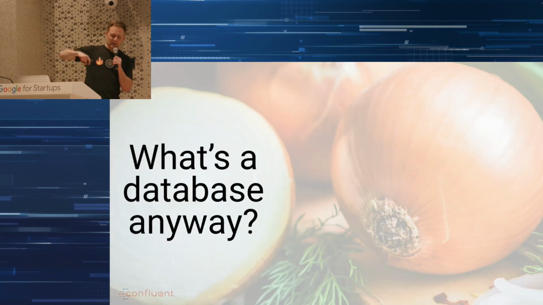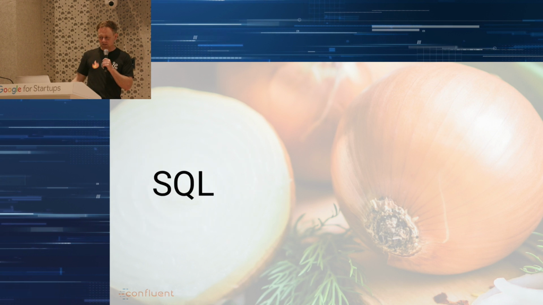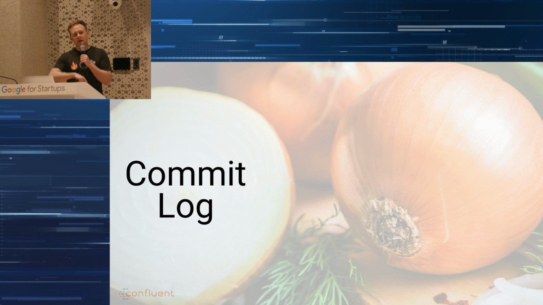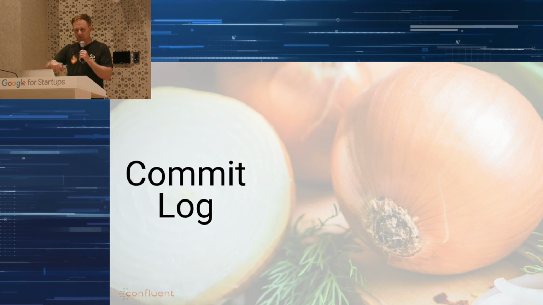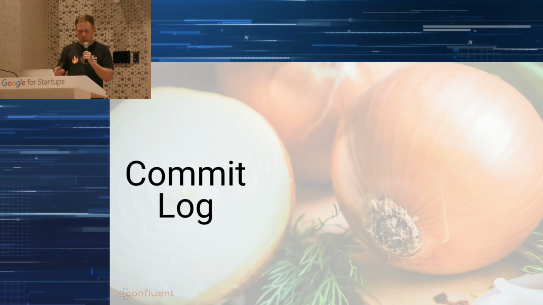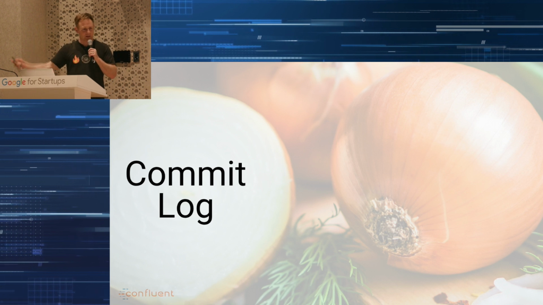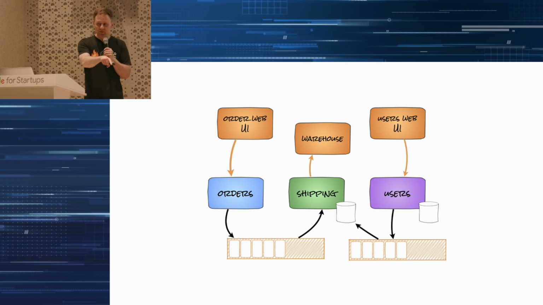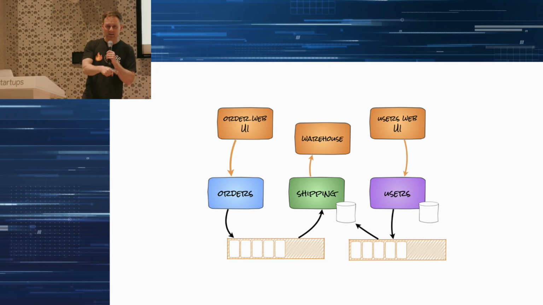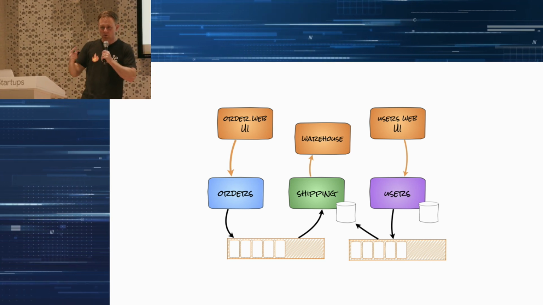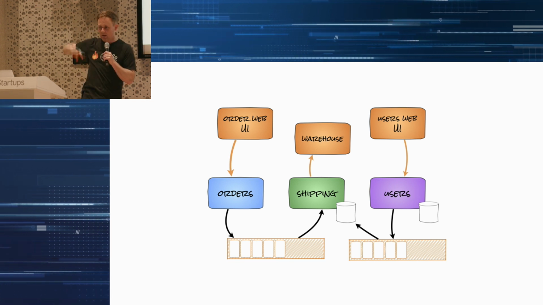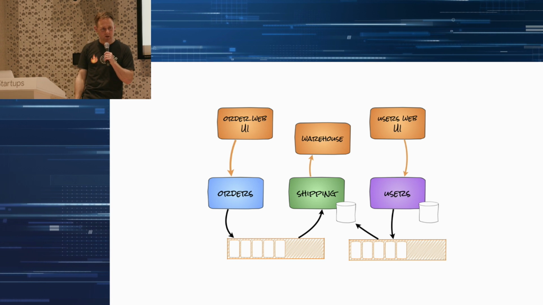So, we've got databases. They've got SQL, they've got tables, they've got storage engines, they've got a commit log. And the table is kind of like a materialized view of what's in the log that you build to satisfy the constraints of your data model and performance guarantees and all that kind of stuff. These services are kind of that same thing. They're like tables. They're like these local materialized views of data that expose some API out to the world and satisfy some performance guarantee you want to make.